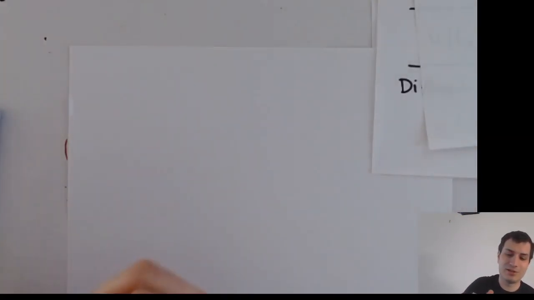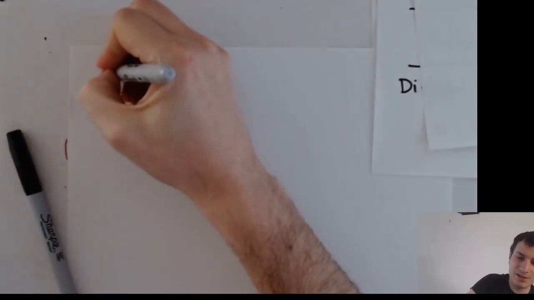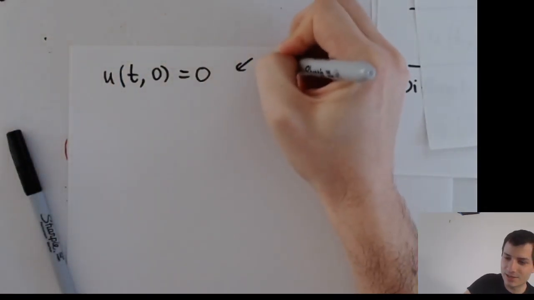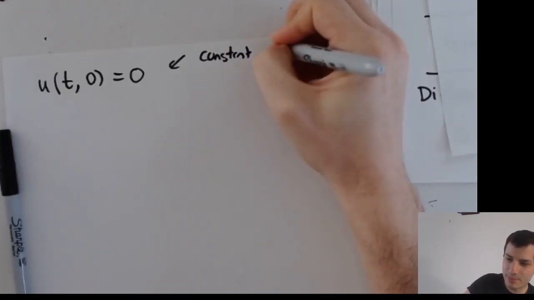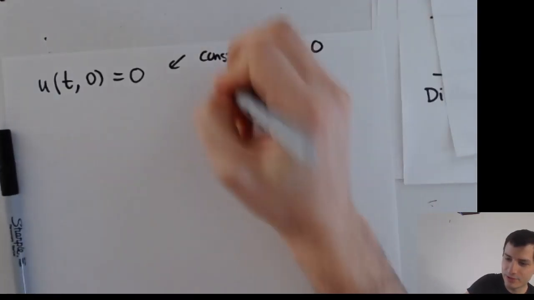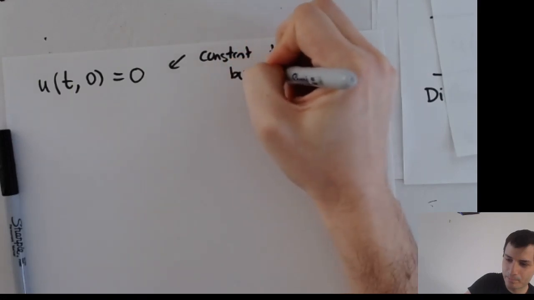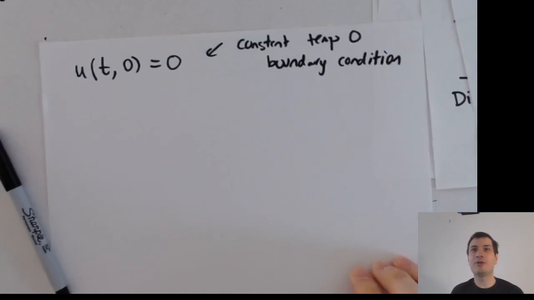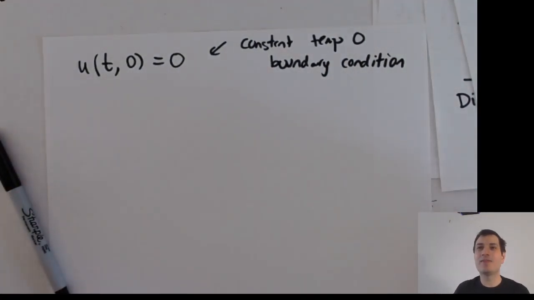If they're saying, look, if you're telling me u(t, 0) equals 0, this is the constant temperature 0 boundary condition, and it's always 0, then the derivative is 0, right? If something is always 0, it's not changing, so the derivative is 0.